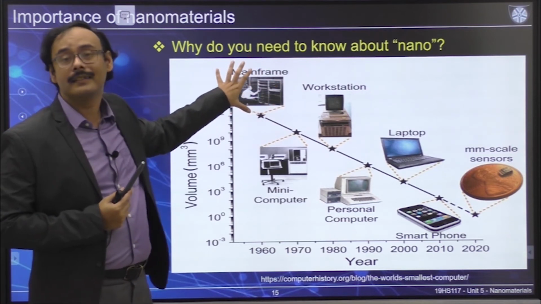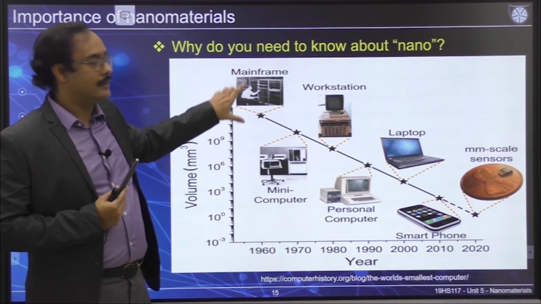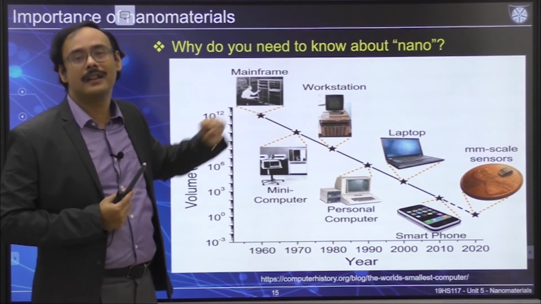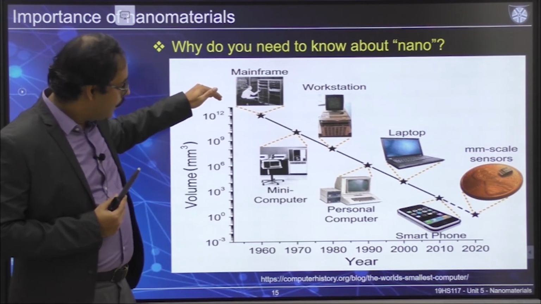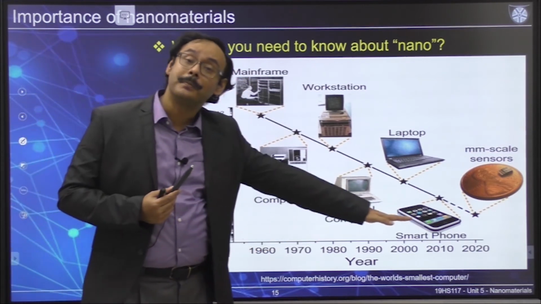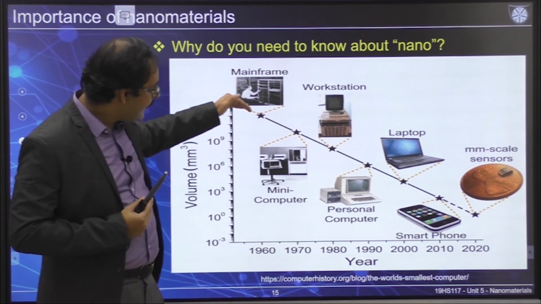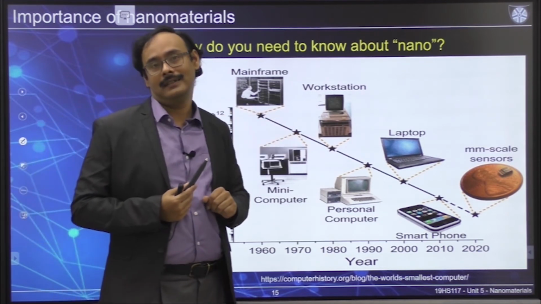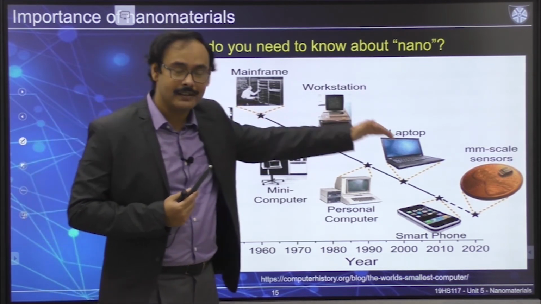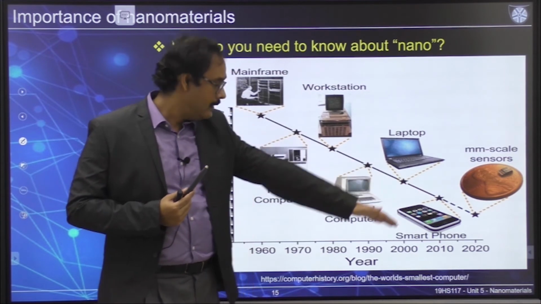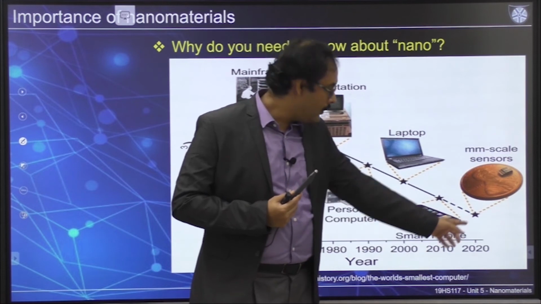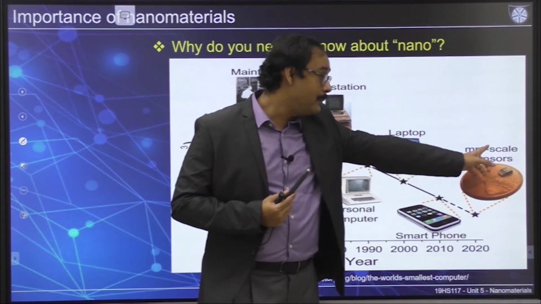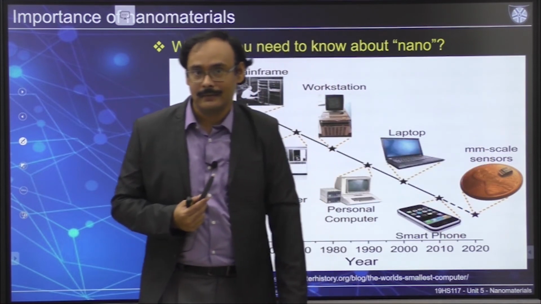Look at the size. This is a huge mainframe computer. As the years go by, the size of this system is getting smaller and smaller. In 2020 it's now a smartphone, and people are trying to have millimeter scale nanosensors.